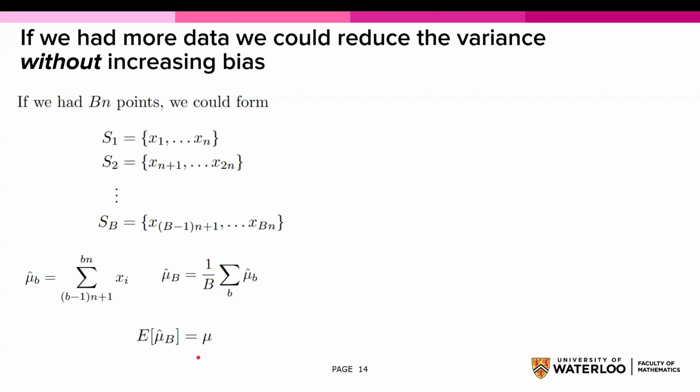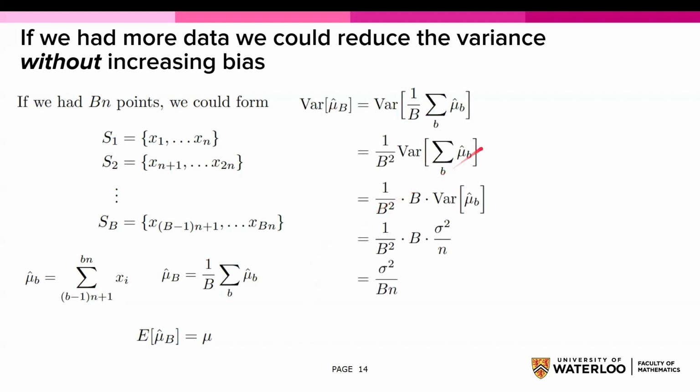But the real magic lies in what happens to the variance of the estimate. Because of the scaling property of variance, when we take the variance of our ensemble mean, mu hat B, we get a 1 over B squared factor outside.